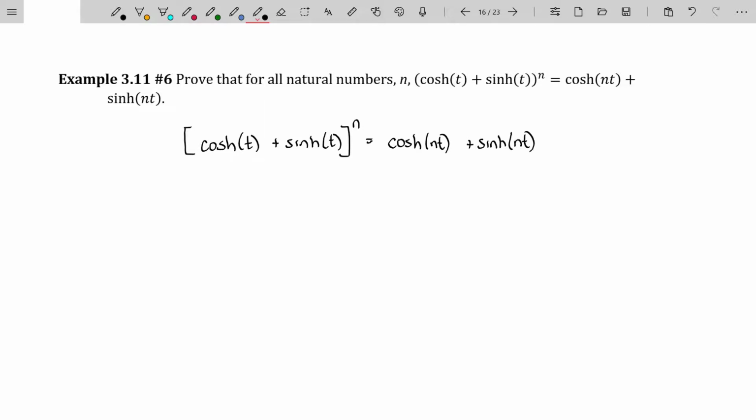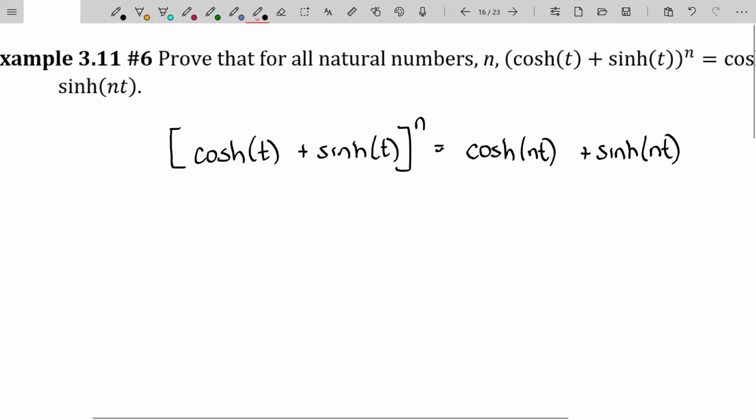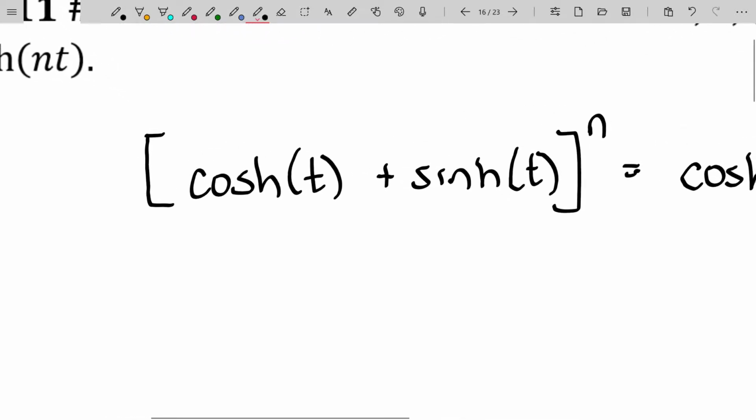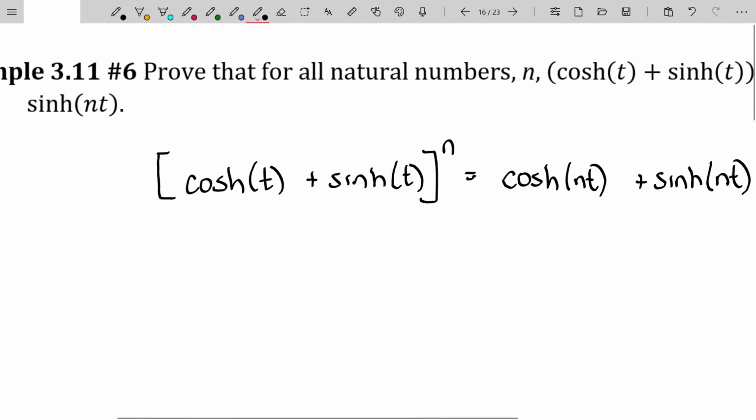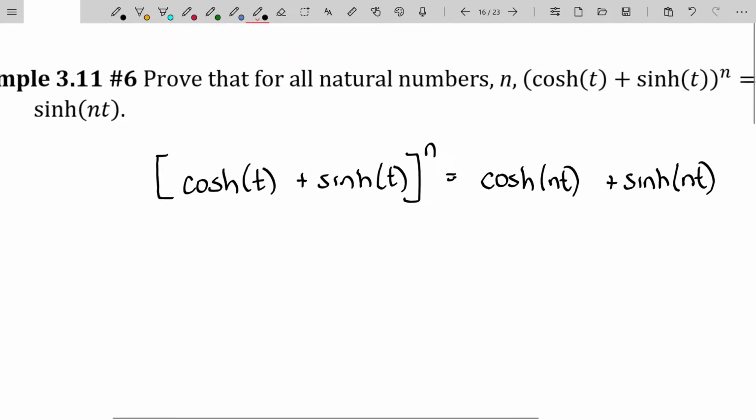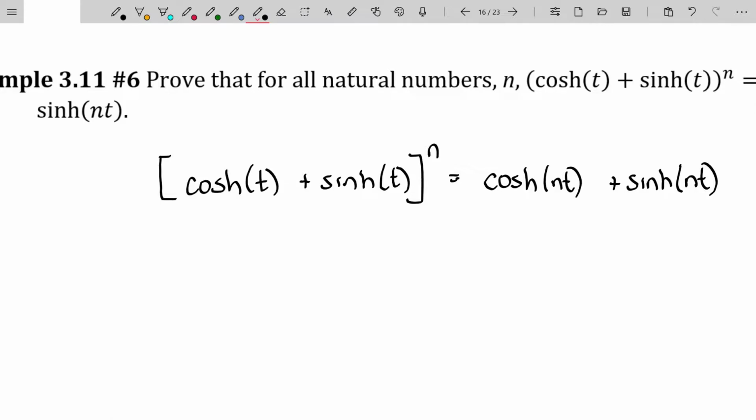Now, this tends to lead people astray a little bit, but such an interesting result: if you take a high power, 100th power, for example, of cosh plus sinh, it's just the cosh of 100t plus the sinh of 100t. That is, to me, an amazing statement.